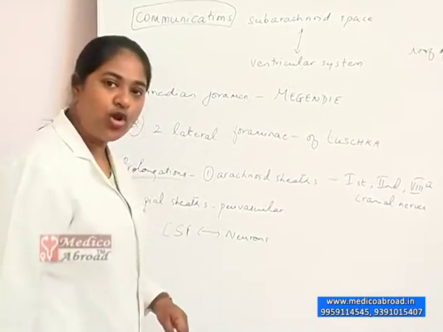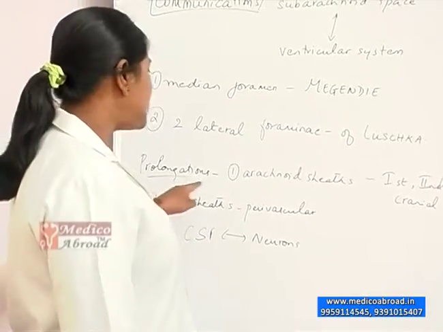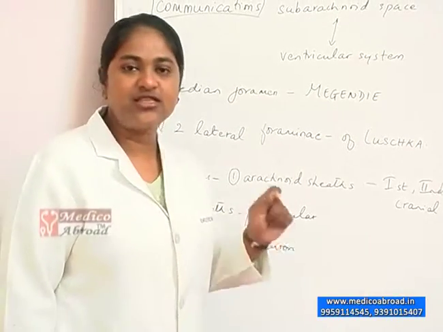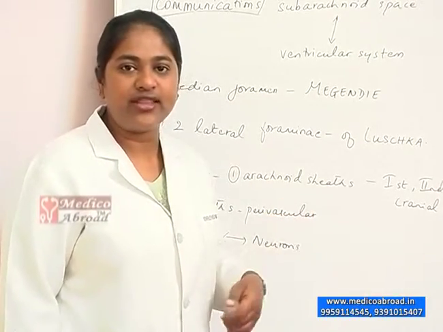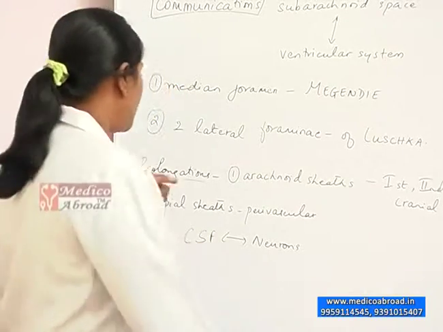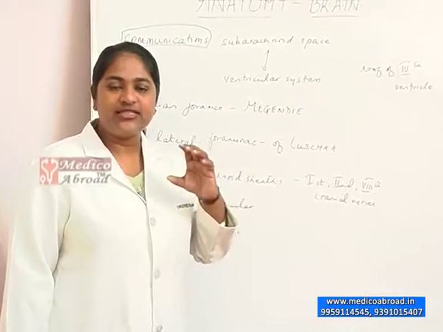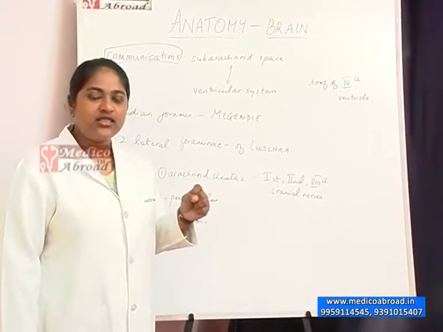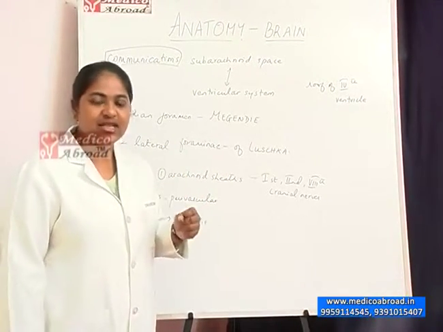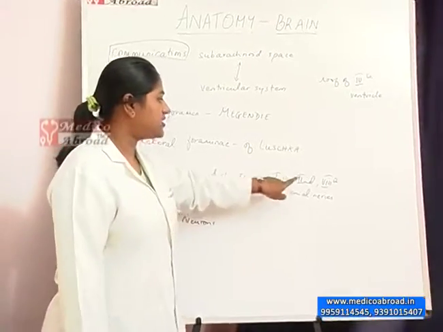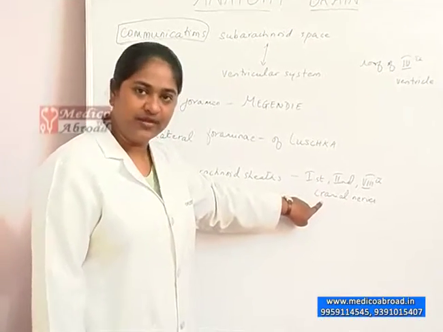Let's now look at the prolongations of the spaces around the arachnoid and the pia maters. The arachnoid space is prolonged around the nerve sheaths, especially of the first, second and the eighth cranial nerves.